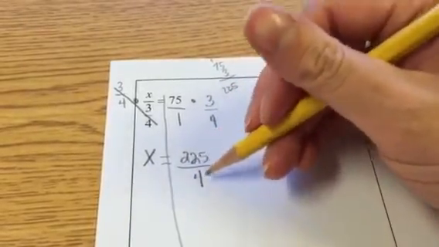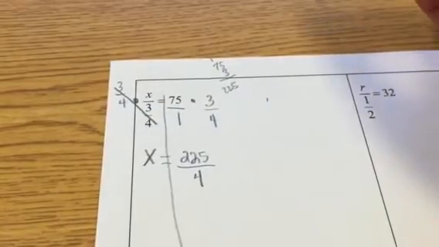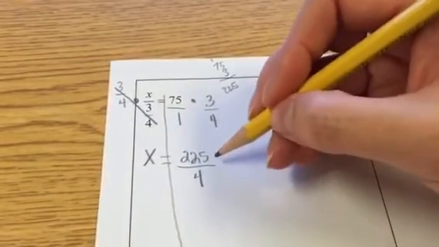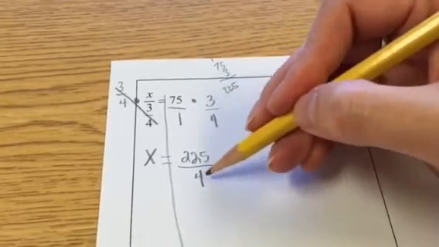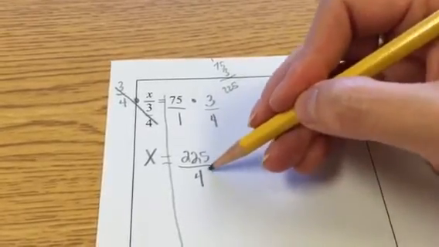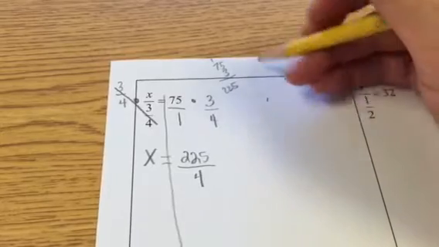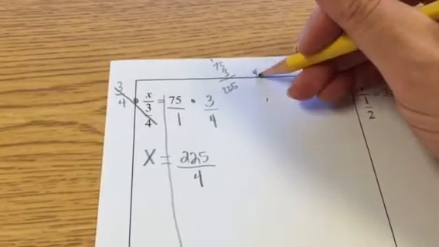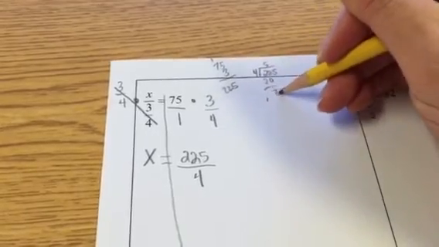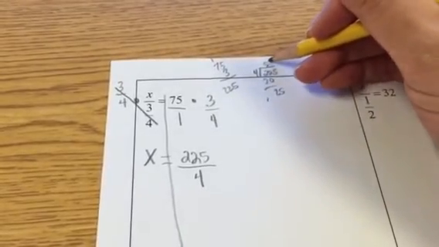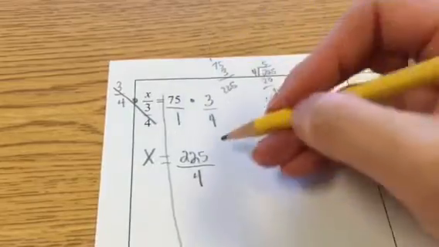So I get 225 over 4. I'm not sure if that'll reduce because this is a 5 and this is a 4, so I can't reduce by 2, and the only other factor is 4. So if I try 4 into 225, it doesn't work out evenly. So those aren't going to reduce.